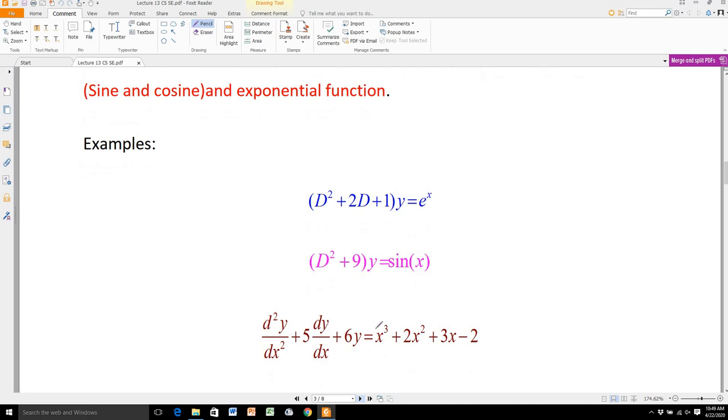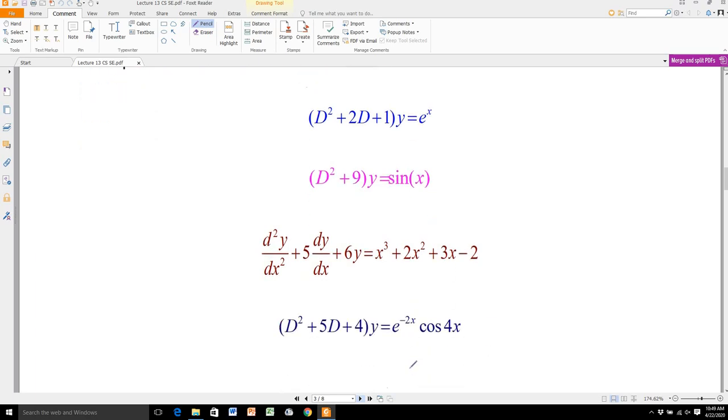The third one uses an expression based on algebraic terms. And the fourth one uses their combinations, meaning the product of exponential and trigonometric functions, exponential and algebraic terms, and exponential, algebraic and trigonometric.